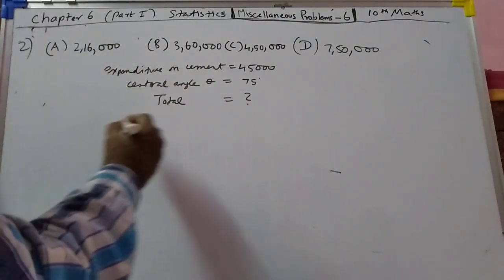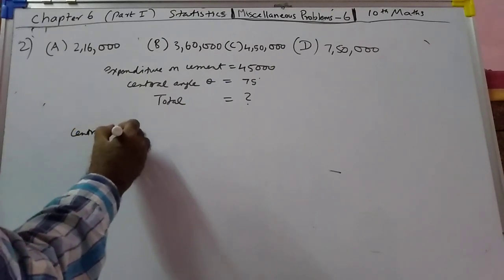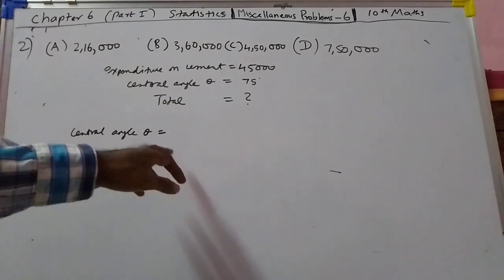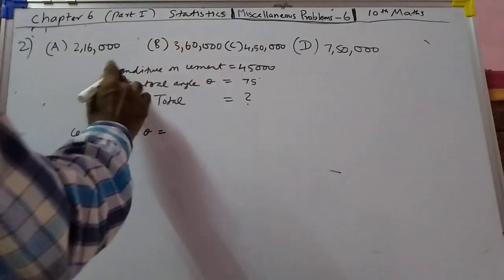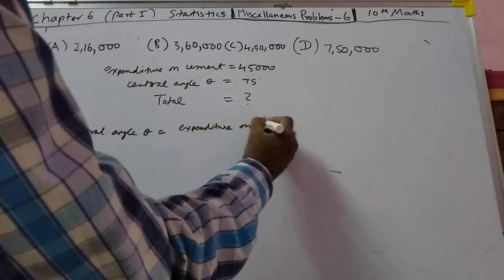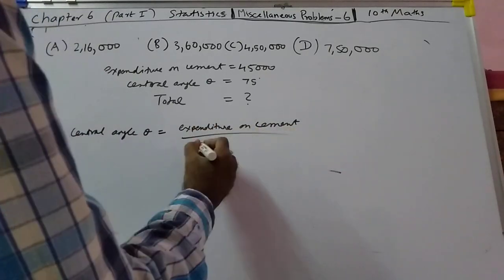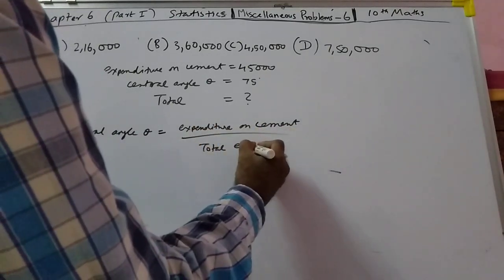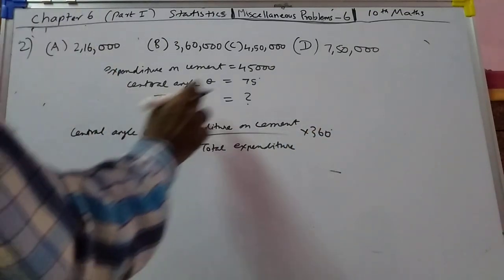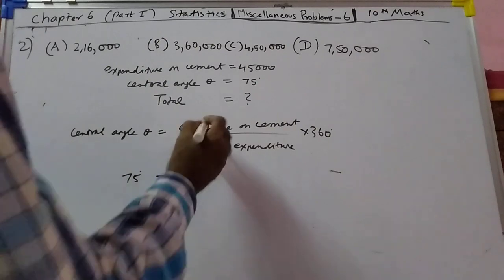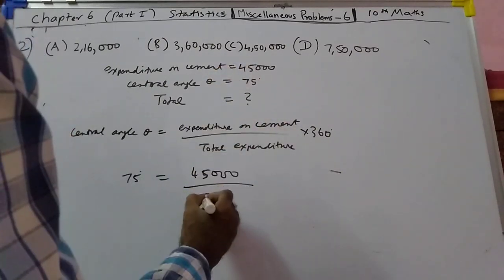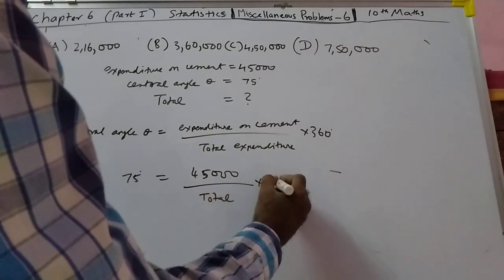You know the formula: central angle theta is equal to expenditure on cement upon total expenditure into 360. Central angle is 75 degrees, expenditure is 45,000. Total you don't know.